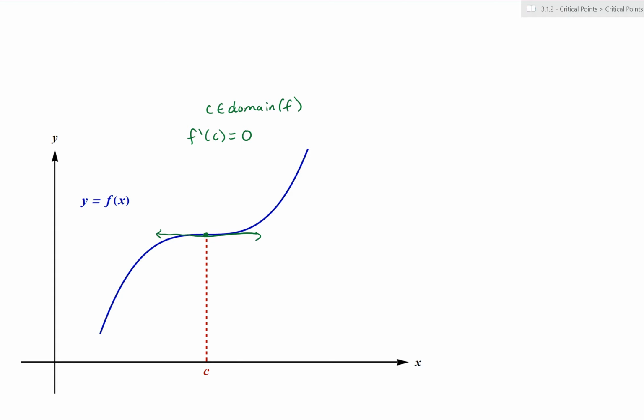But before we get into that, take note that we still have a critical point at (c, f(c)). So in this case, x equals c is a critical point of type 1, because the value x equals c is in the domain of the function and the derivative there is equal to 0.